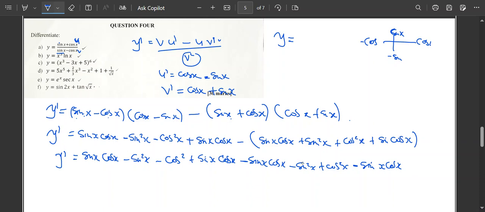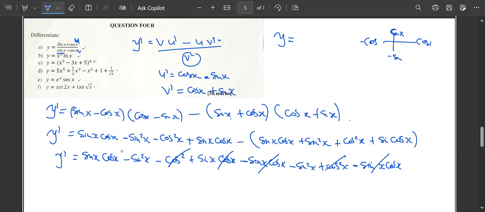So I can see things, this sine here, this cos here, this cos is squared by the way. So this cos squared will go with this cos squared. Have you seen the way I'm cancelling? All right, so this sine x cos x and sine x cos x will go. Then I have again sine x cos x, again sine x cos x.